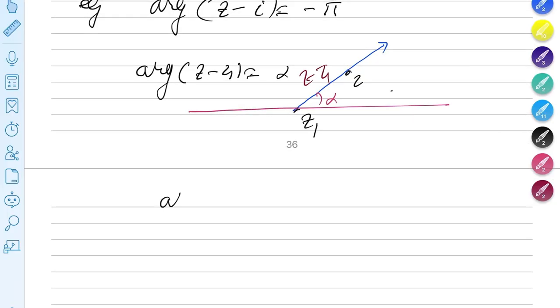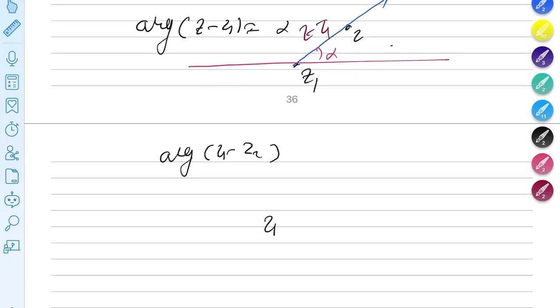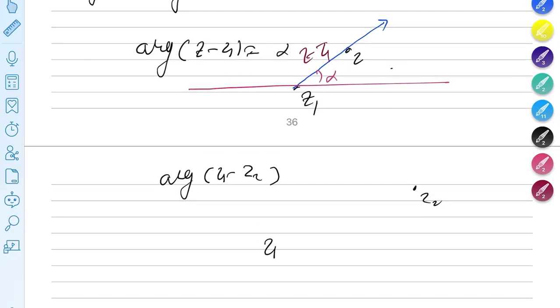So if someone asks, what is the argument of z1 minus z2? You have somewhere z1, somewhere z2. So z1 minus z2 will be like this, in the opposite direction. Got it?